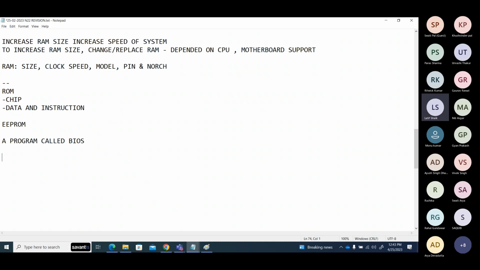So what is a BIOS? Basic Input Output System. The program is called firmware.